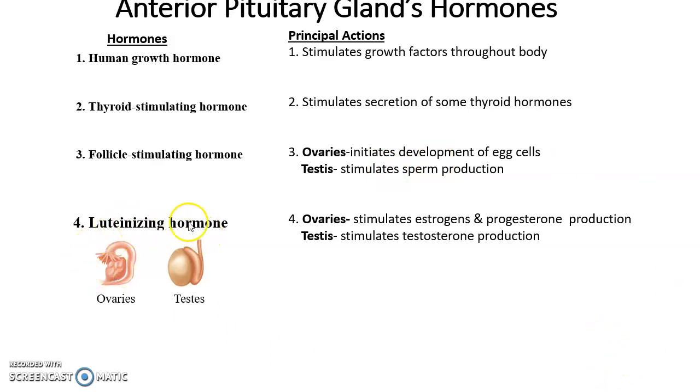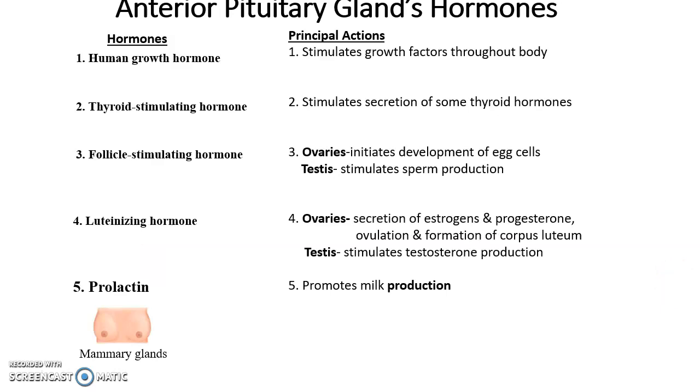Then we have the luteinizing hormone, also talked about in the reproductive system. Luteinizing hormone in the ovaries stimulates ovulation and also the production of estrogen and progesterone by the corpus luteum. And then the luteinizing hormone in males stimulates the production of testosterone. So luteinizing hormone does have a function in males as well.